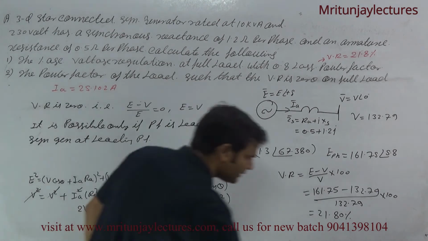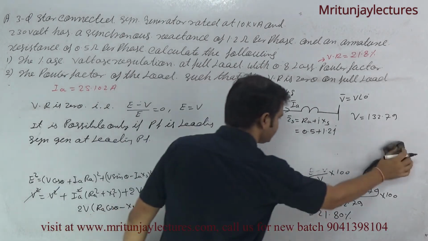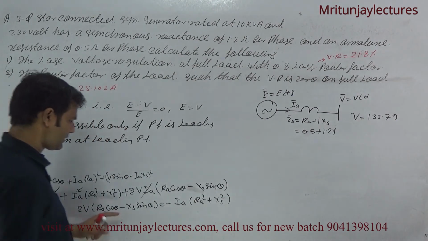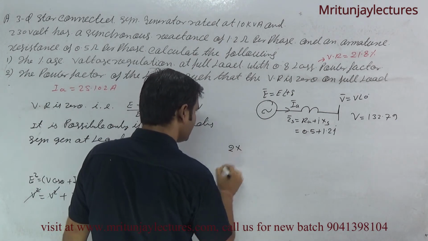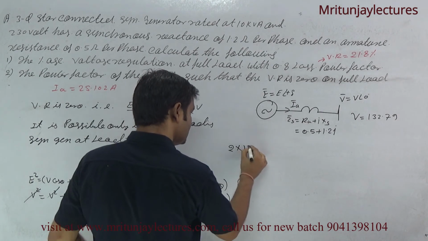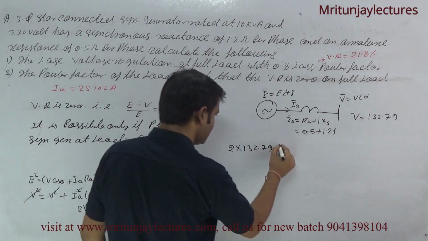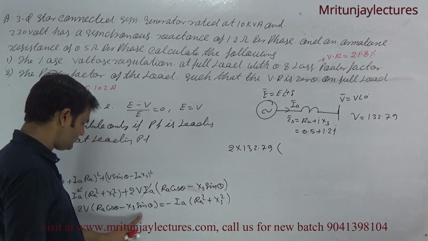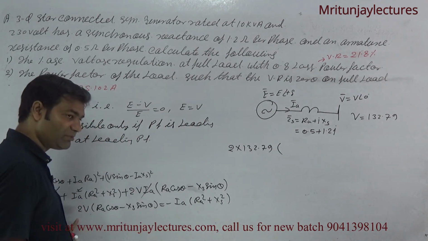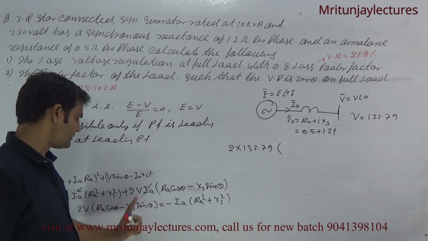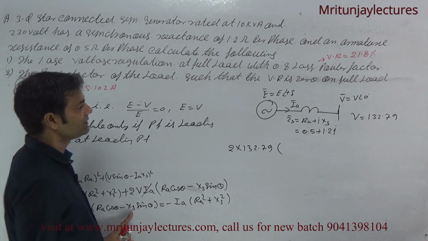Okay, now 2V. What about V? V is 132.79. Multiplying both sides by the minus sign, this one is plus, this one negative, and this one is plus. What about Xs?